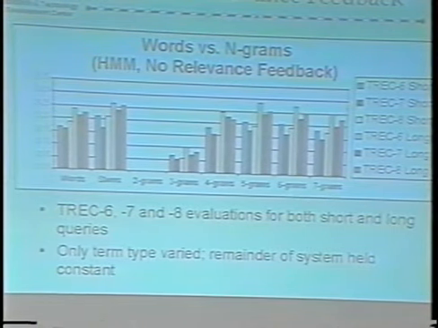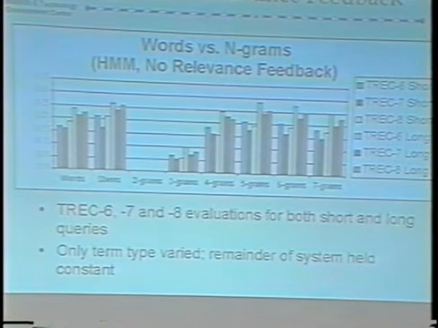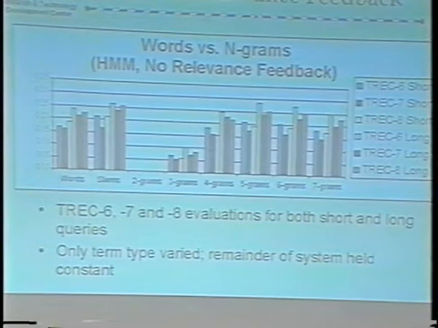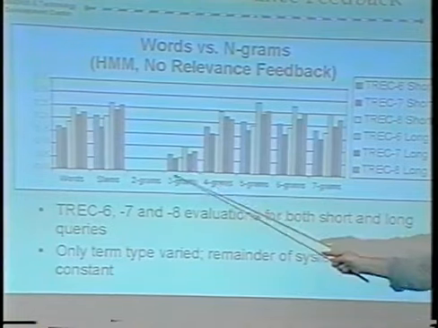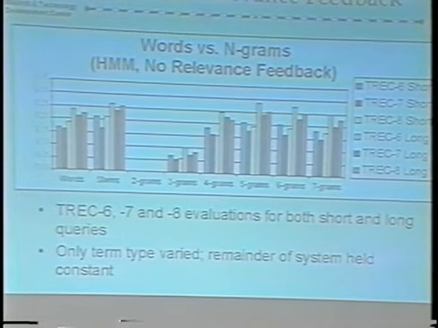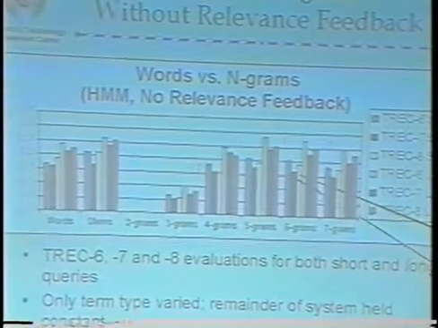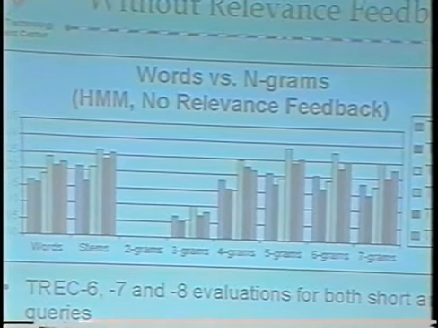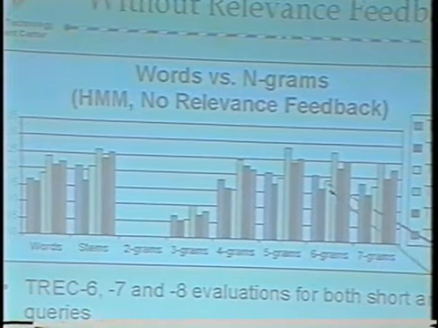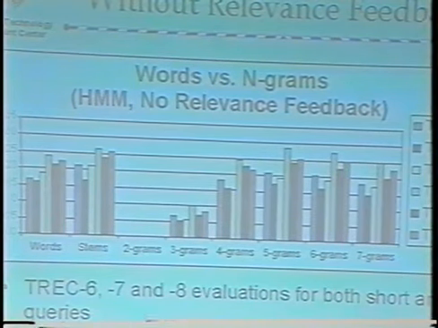2-grams actually have a little blip. A long time ago we did 1-grams, which is single characters, and it was actually slightly better than random. It was unbelievable. But 3-grams is where most of the classic literature in n-grams has looked. And you can see 3-grams are very poor for performance compared with 4, 5, and 6-grams. We have been using 6-grams. Our earlier tests show them having a slight edge over 5-grams.